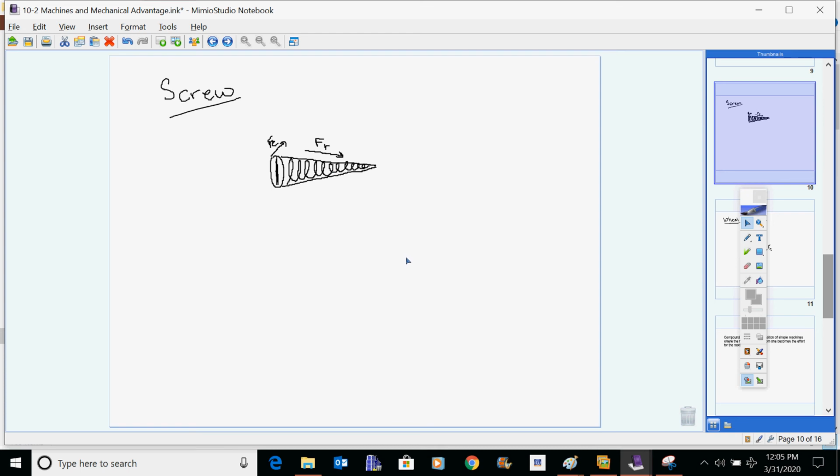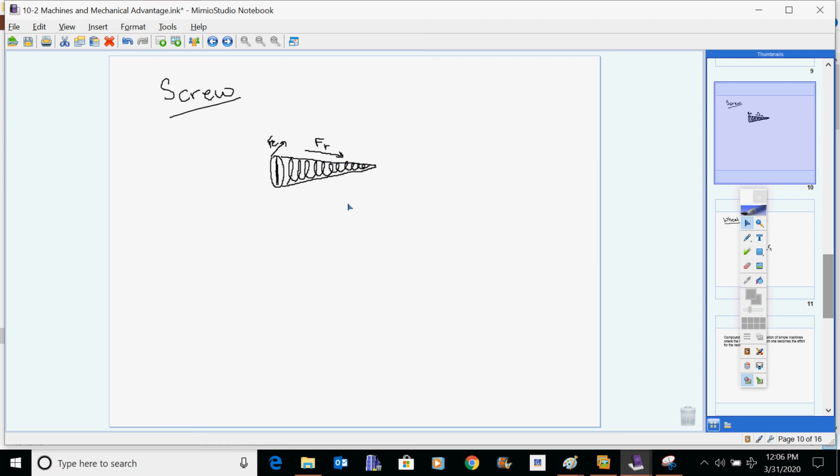I'm going to try to find some kind of a video to show you what that looks like. I don't have access to my closet of wonders where I have that I could show you easily, but a screw, where you've got something that's turning, is kind of like an inclined plane that's wrapped around a cylinder.